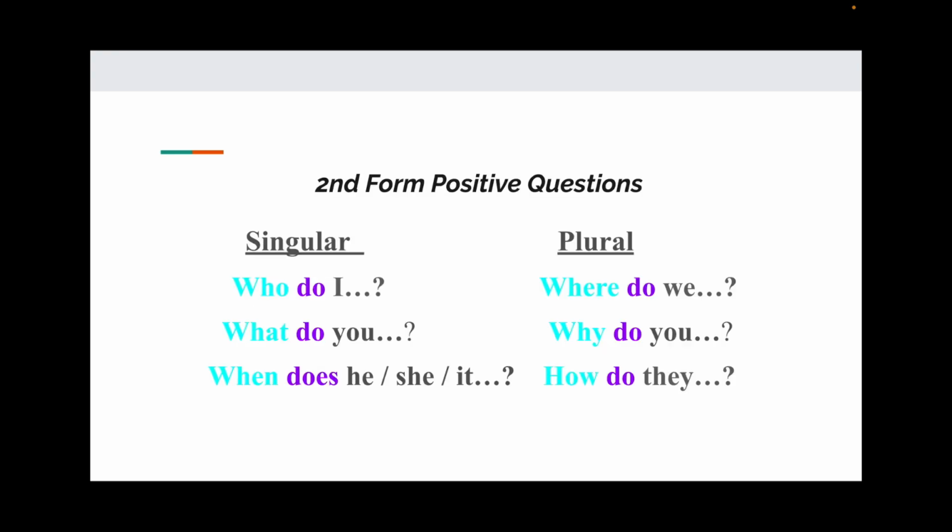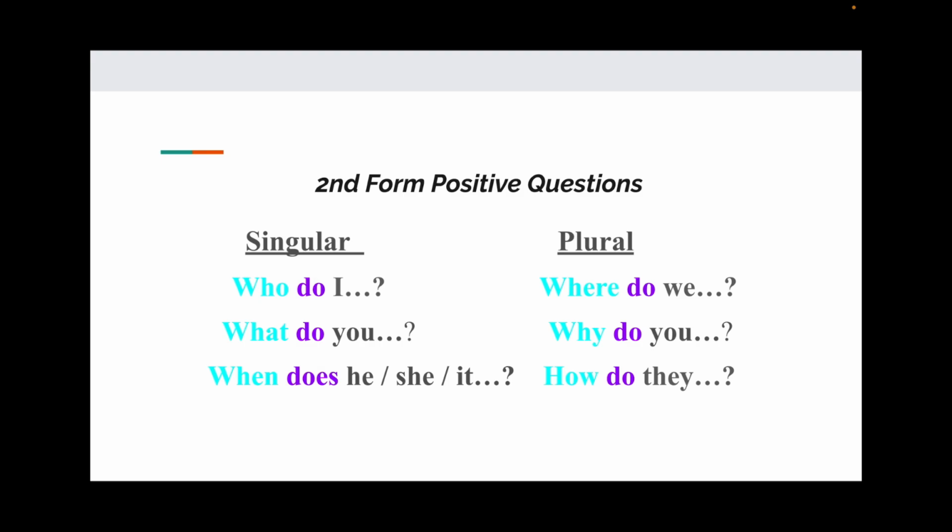And so here we have sort of our conjugated chart, except now we have our 6 sentence starters. Please feel free to repeat after me. Who do I? What do you? When does he, she, it? Where do we? Why do you?